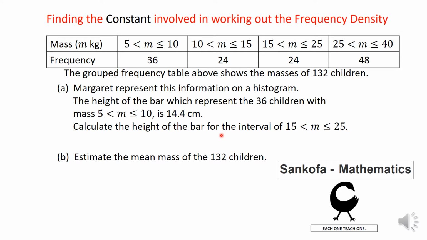And then in part B, we're supposed to estimate the mean mass of the 132 children. The question doesn't really require you to draw the histogram. It just wants you to answer these two parts.